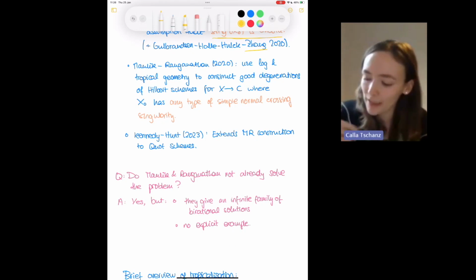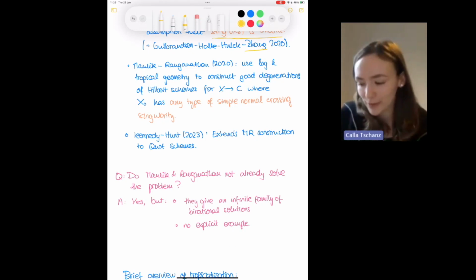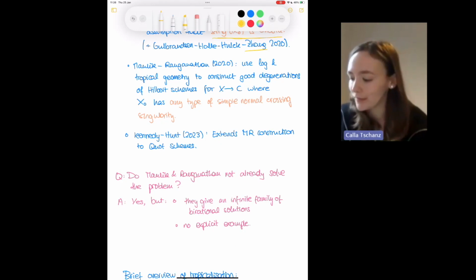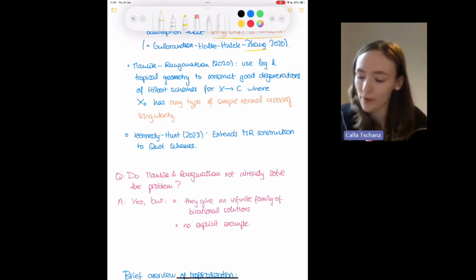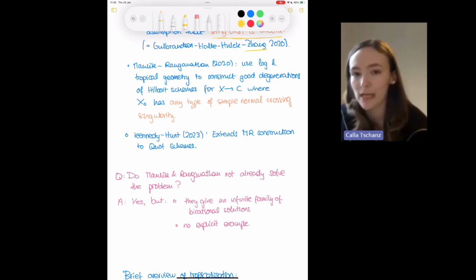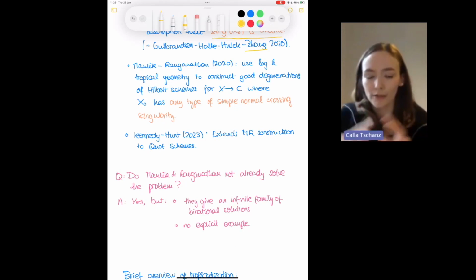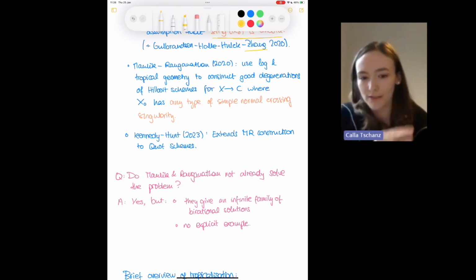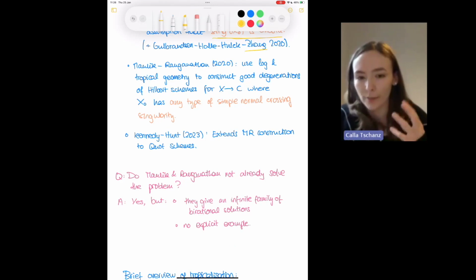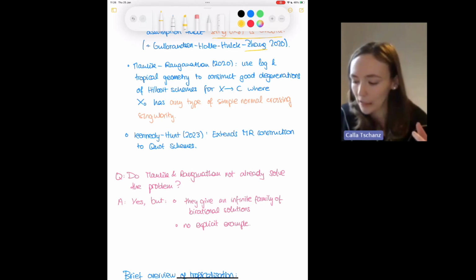And the issue is that, yes, they do solve the problem, but they give an infinite family of birational solutions, and there is no way of sorting through this. There is no sense of a better geometrical model, or what these things mean, or how they relate to each other.